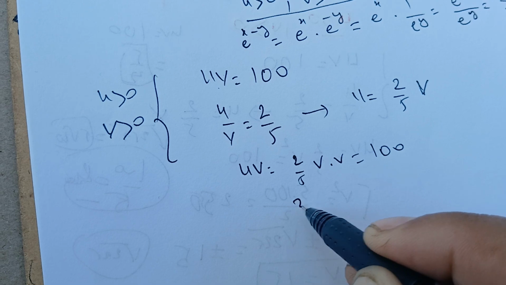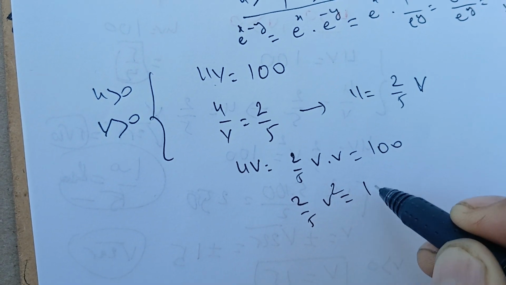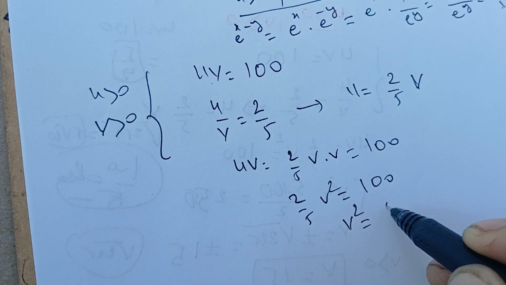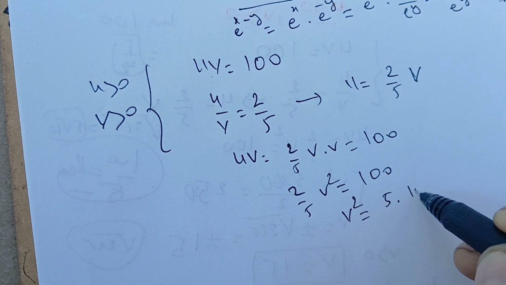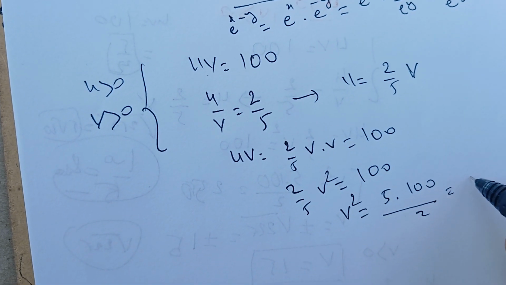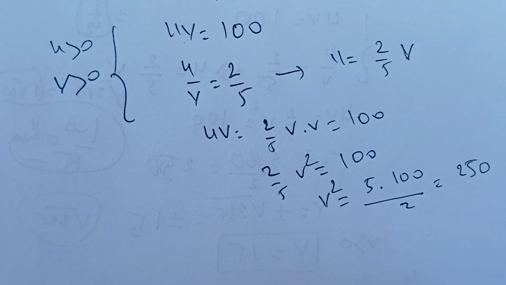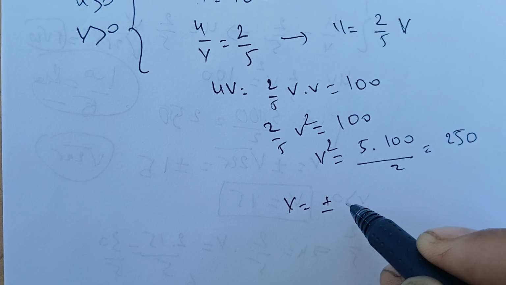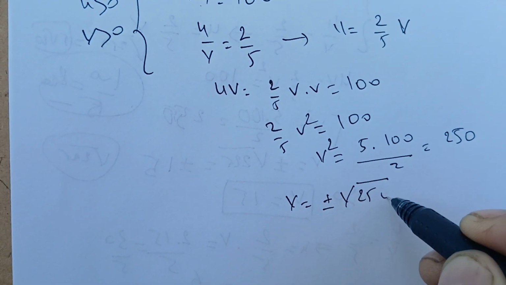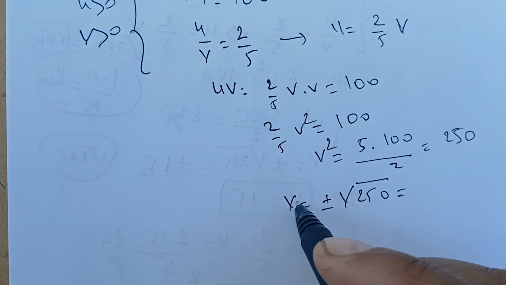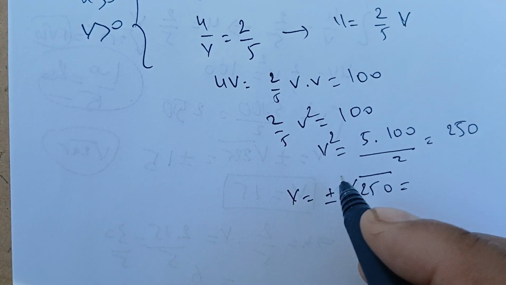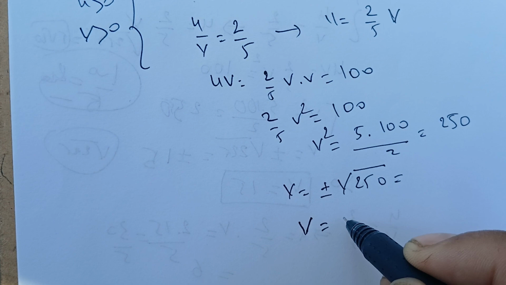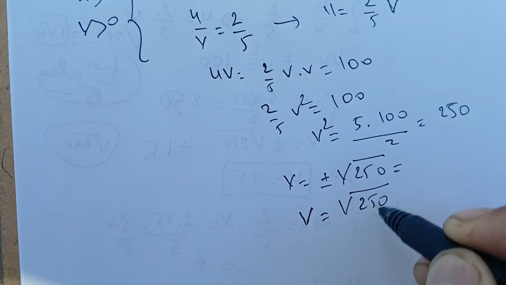That means 2 over 5 v squared is equal to 100. That means v squared is equal to 5 times 100 over 2, which is 250. We solve for v, it's going to be plus or minus square root of 250.